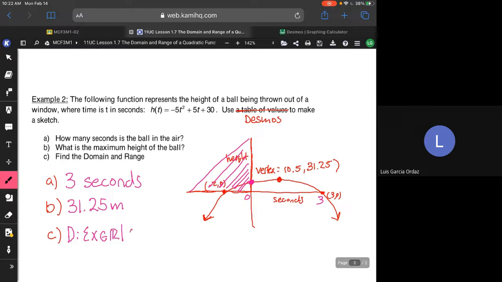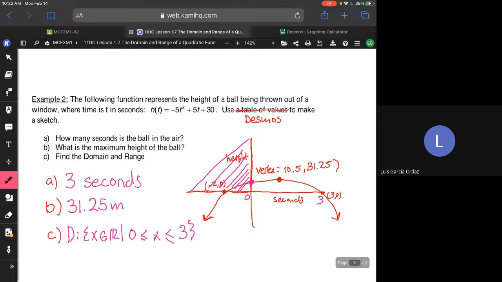So 0 is my lowest one, and 3 is my maximum. And then you can use your inequalities. So x has to be more than 0 seconds, but it cannot exceed 3 seconds. So you would write it as x is greater than 0 and less than 3, but we have to put the equals sign because it hits those times.